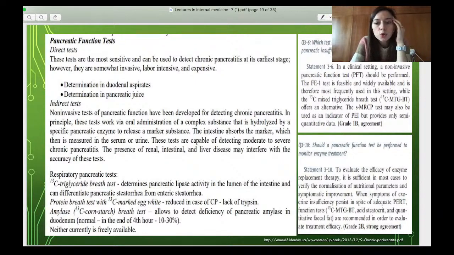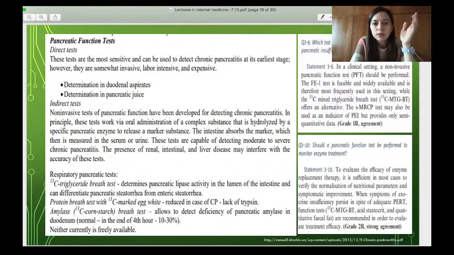The intestine absorbs the marker, which then is measured in the serum or urine. These tests are capable of detecting moderate to severe chronic pancreatitis, and the presence of renal, intestinal, and liver disease may interfere with the accuracy of these tests.